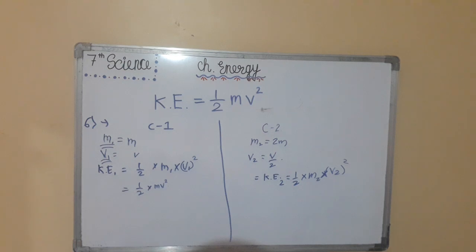So after that, half into 2m into v upon 2 whole square. We will put the values as it is: half into m2 which is 2m, and velocity 2 is v upon 2 square.